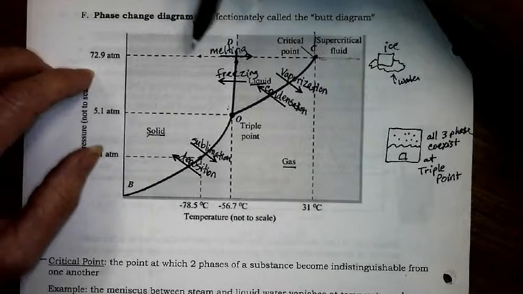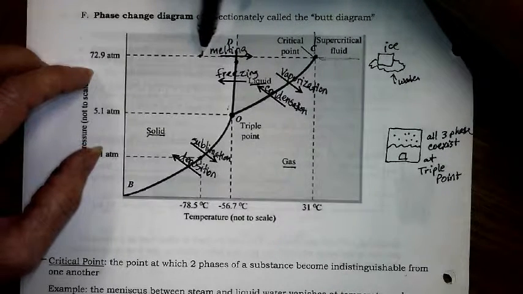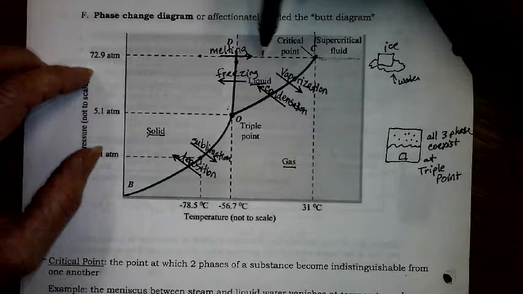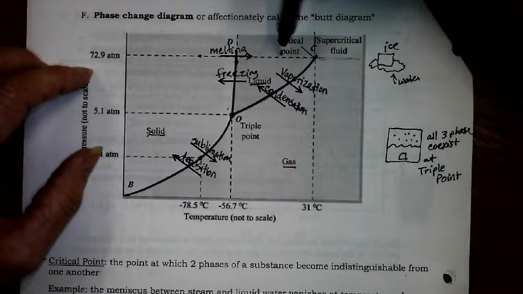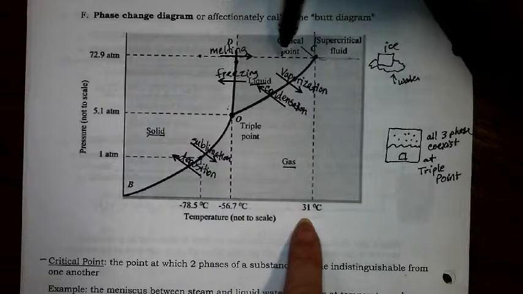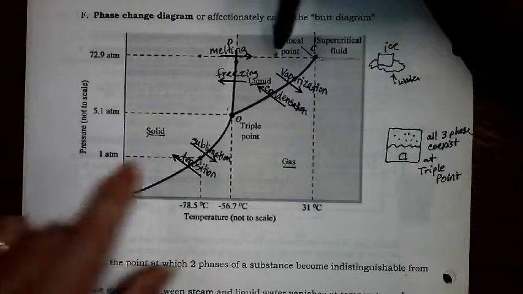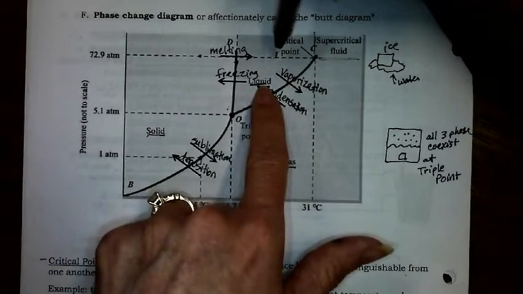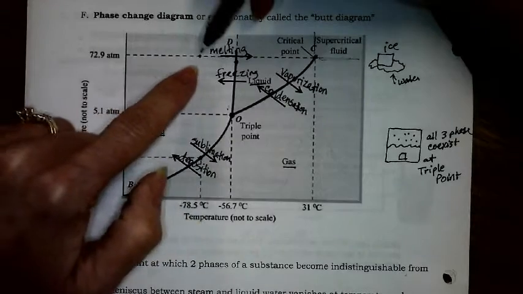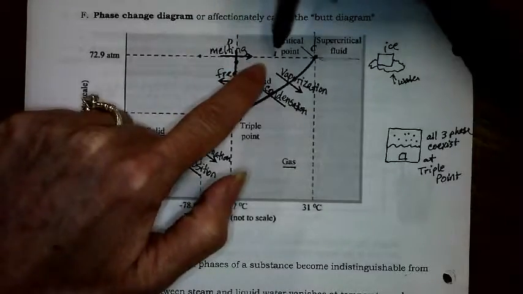But if you keep that pressure the same and you increase the temperature, you're going to go straight across this way until you reach a temperature of about 0 degrees Celsius. So 0 degrees Celsius is somewhere between minus 56 and 31. So you're going to be somewhere in this area. And in here, you are now in the liquid phase. So you've gone from the solid phase over to the liquid phase.